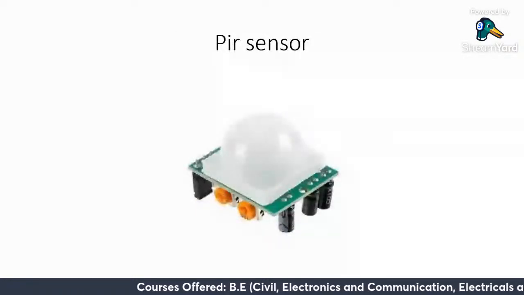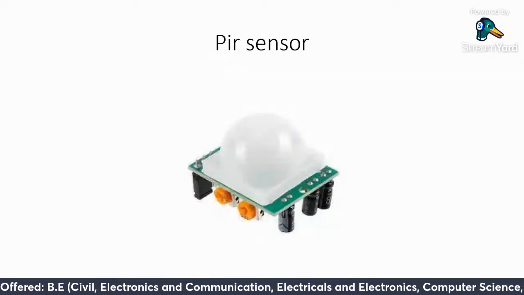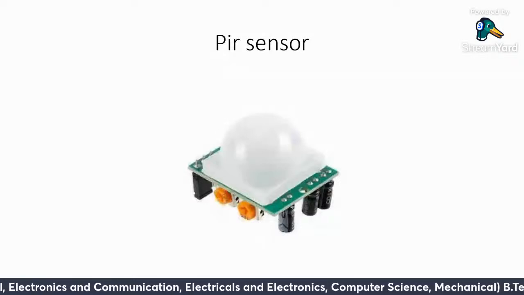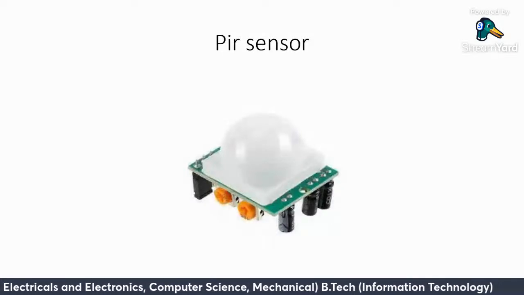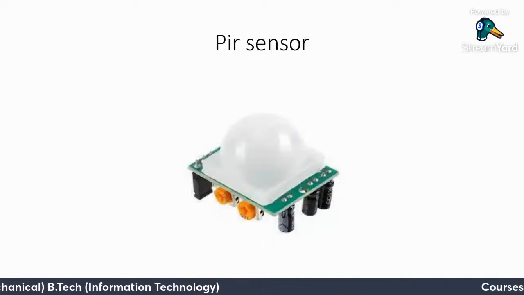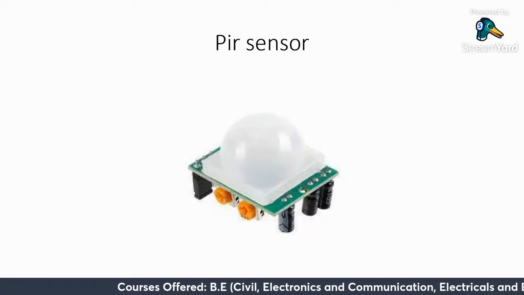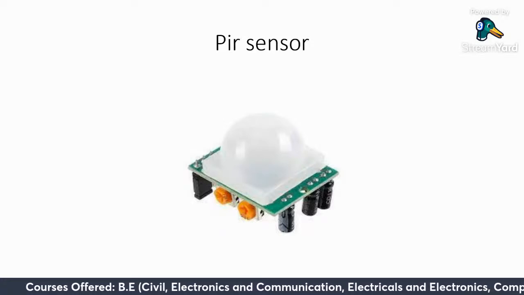And this one is the PIR sensor. By using this, we can detect the motion of humans, and as told in the chat box, it will also detect animals and insects. It works on the principle that it detects the infrared heat emitted by humans or animals, and produces voltage accordingly.